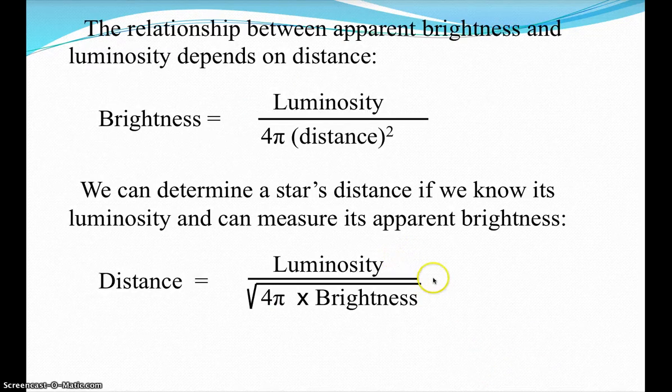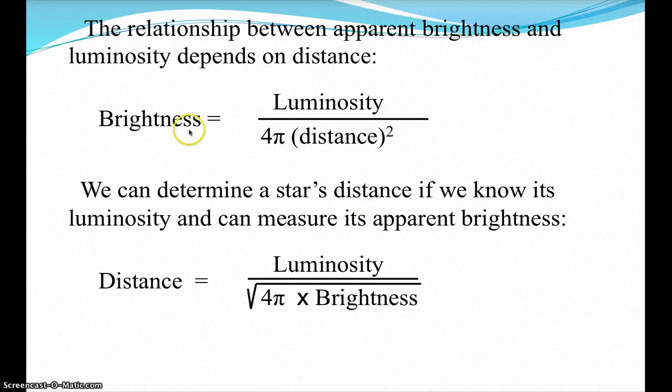So the brightness is equal to the luminosity divided by the area of the sphere, or what we can just remember, is the brightness is proportional to the luminosity, but inversely proportional to the distance squared.